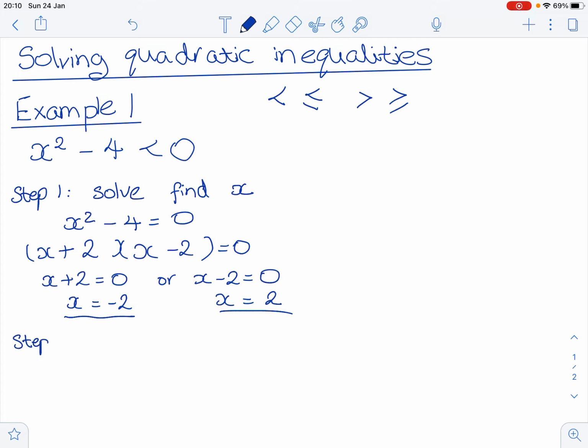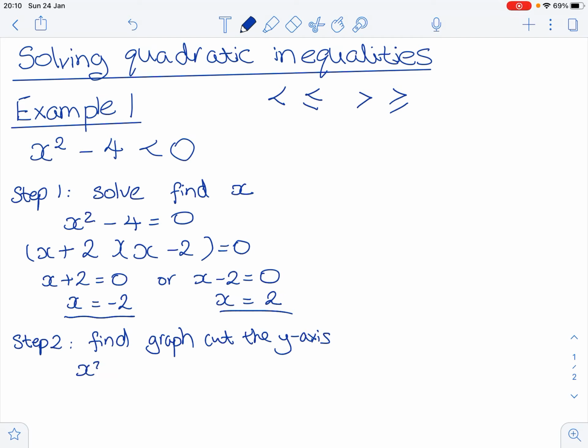Then step 2. We're going to find the y-intercept, so where the graph cuts the y-axis. The graph cuts the y-axis when x is equal to 0.